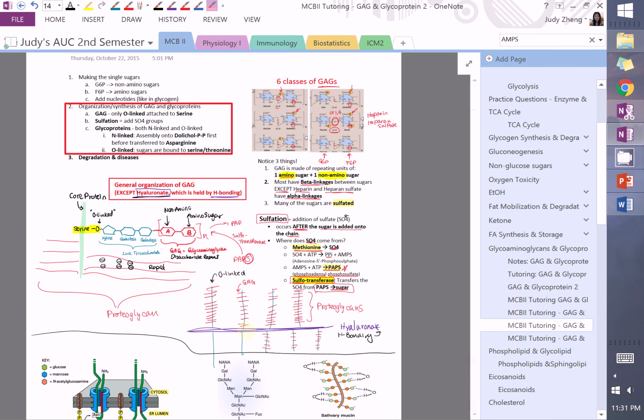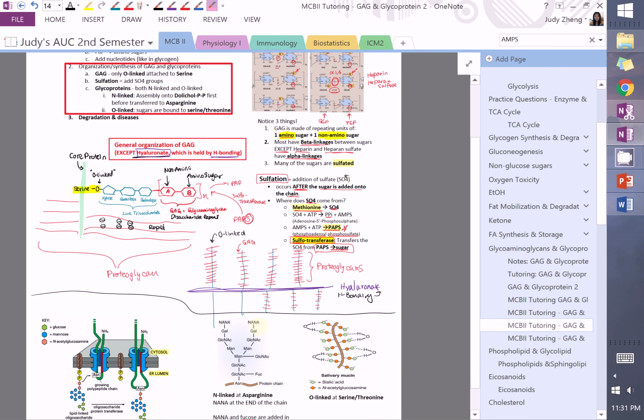The way that glycoproteins are assembled, there are two types. We talked about GAGs before. For GAGs, there's only one way that it's linked onto a protein, and that's an O-link, and it's always attached to a serine. So serine, O-link, GAGs. But in the case of glycoproteins, it can be either N-linked or O-linked.